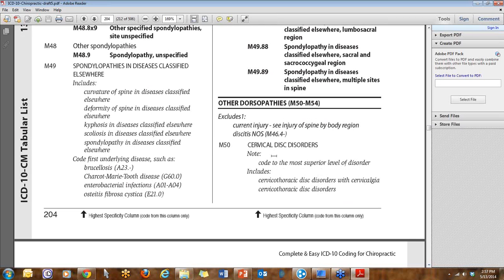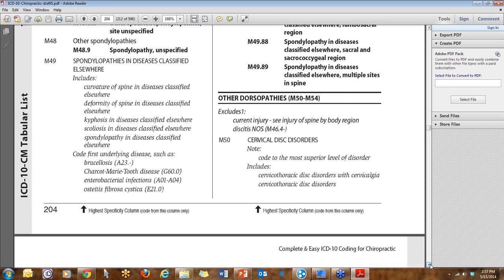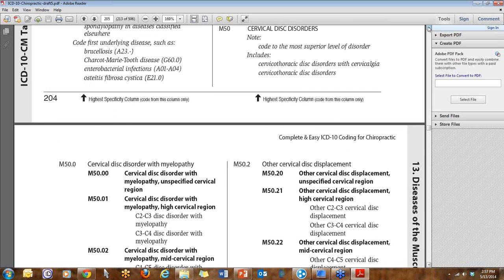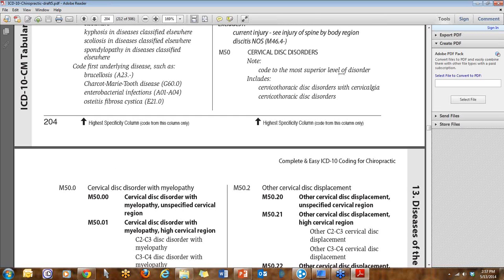Okay, we have our cervical disc disorders, M50 now. All right, here's our notes that we just got done talking about. Note, code to the most superior level of disorder, includes cervicothoracic disc disorders with cervicalgia, cervicothoracic disc.